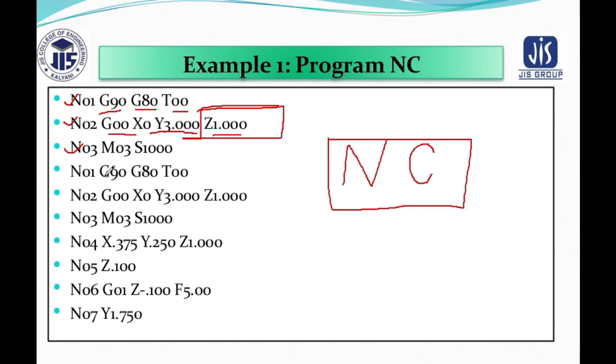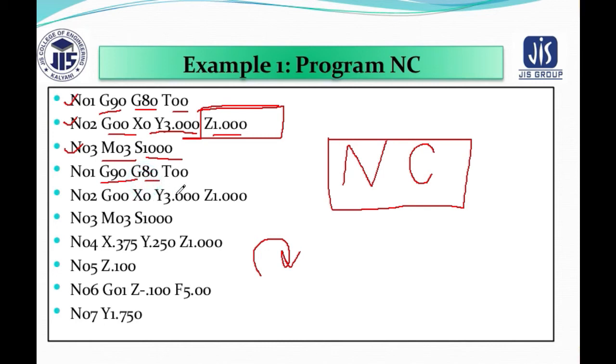Okay. Now you have used M03, that is, your spindle has already started and it will rotate in clockwise direction. Next you have used S1000, that is your spindle speed, considered as 1000 RPM. Now G90, I have already told, is your absolute code.